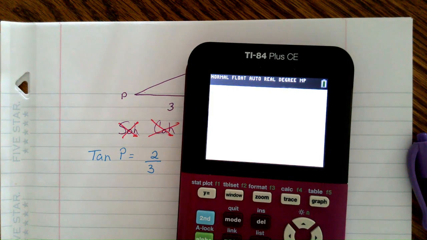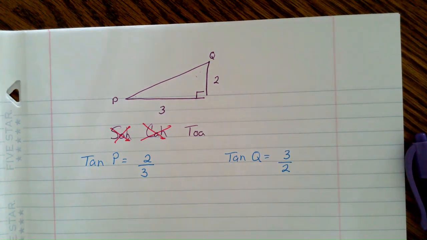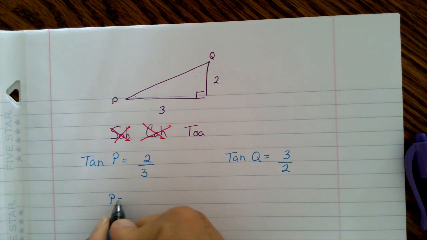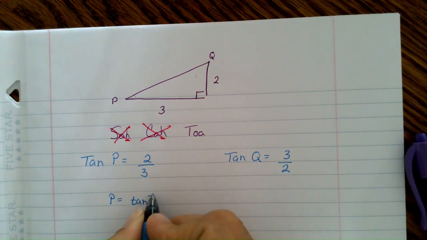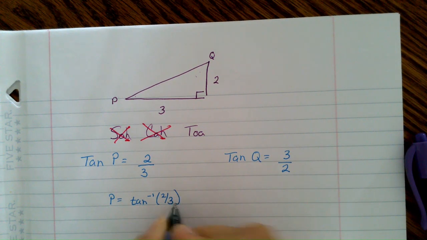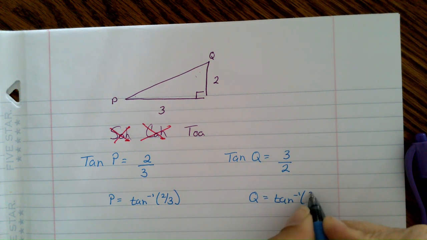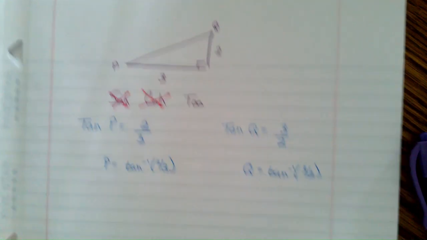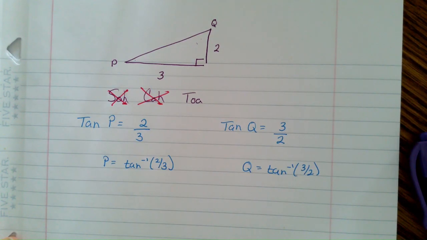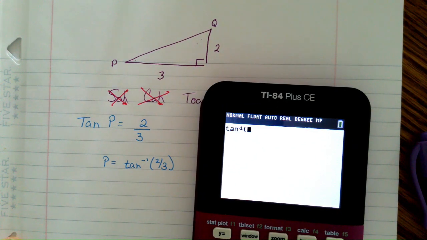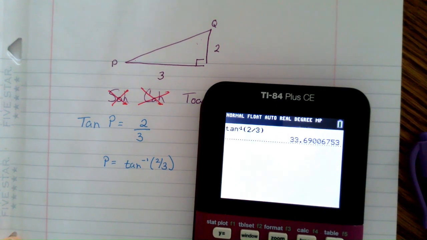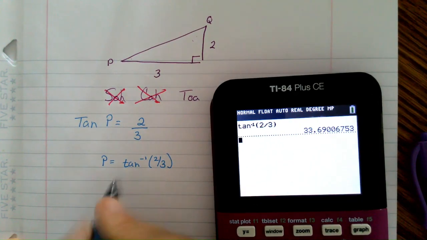Okay, but I want to find my angle, so I'm going to inverse tangent this. Okay, Q will equal the inverse tangent of 3 over 2. Inverse tangent of 2 over 3. 33.69 degrees.